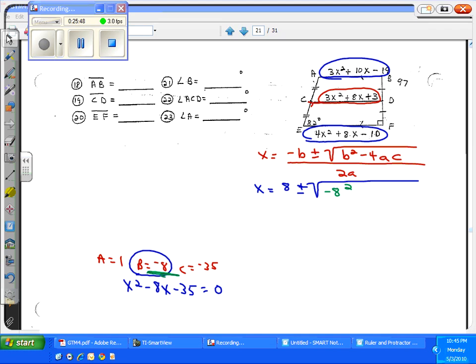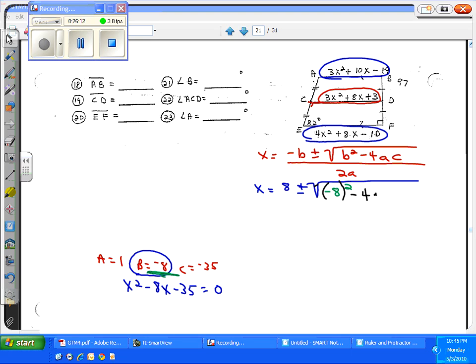To make sure that the negative doesn't separate itself and that it gets squared also, we trap it in a parenthesis. So we have negative 8 quantity, we say squared, the opposite of b, square, minus 4 times a, not the opposite of b squared.